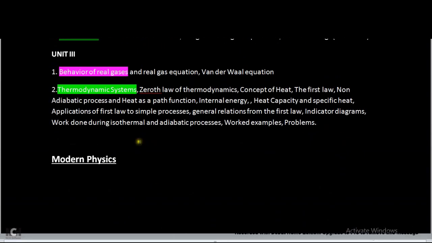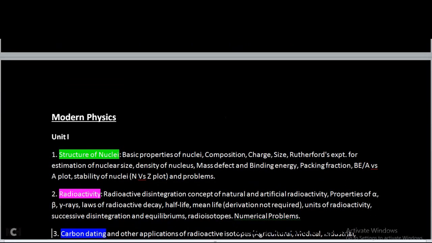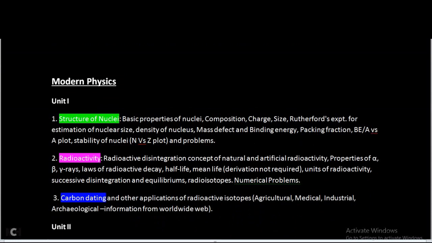Then again the second part is there in this physics of FY in semester 1, modern physics: structure of nuclei. Okay, atoms, molecules and nuclei chapter you have done in 12th also. We will discuss it again in a more enhanced way, with more derivations and numerical ability you have to use over here.